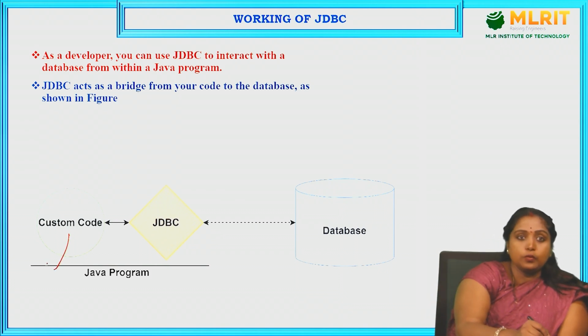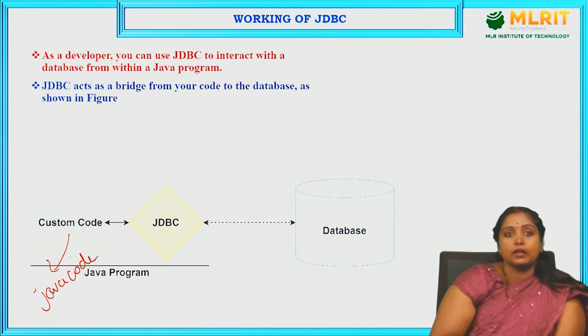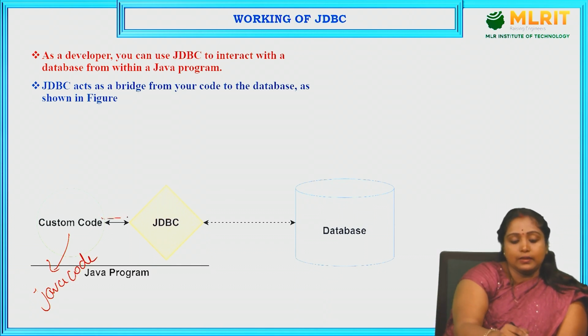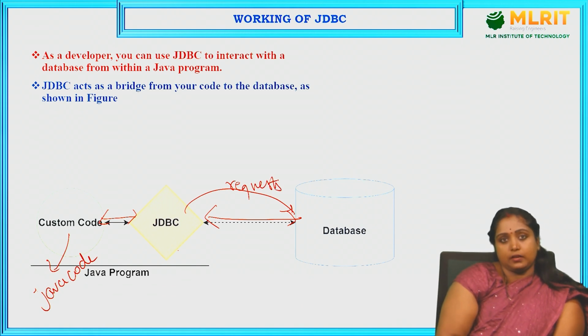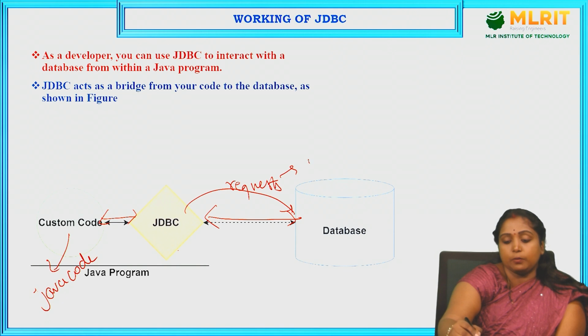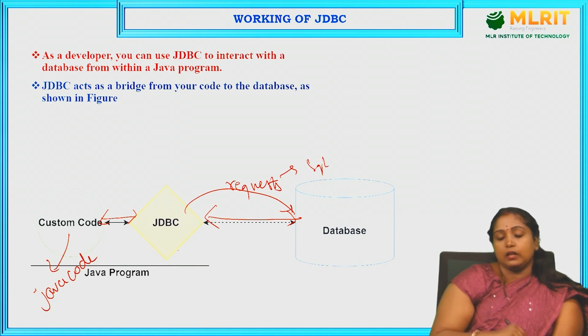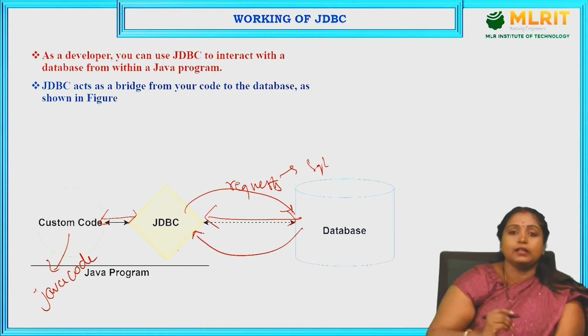Here you will write Java code, it will react with JDBC and this will connect to the database, whatever data you are requesting through the JDBC. The requests are made up of SQL statements and the responses will come as they are.